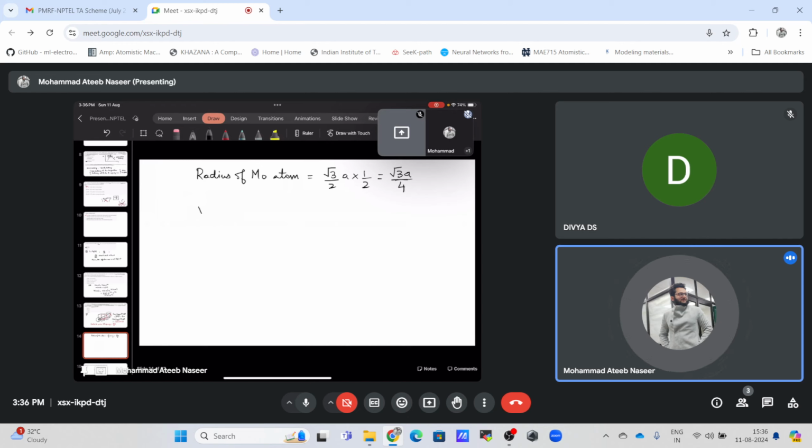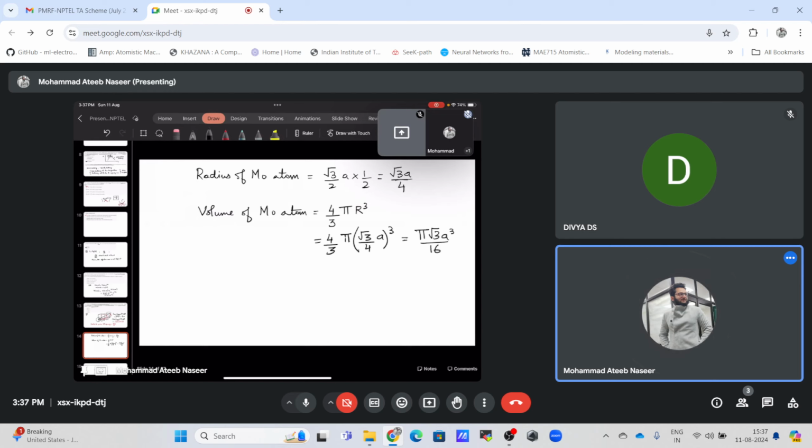So the volume of the Mo atom, considering it to be spherical, is 4 by 3 pi r cube, or simply 4 by 3 pi times root 3 by 4 a cube, and the 4 and 4 will go, it will be pi times root 3 a cube by 16.